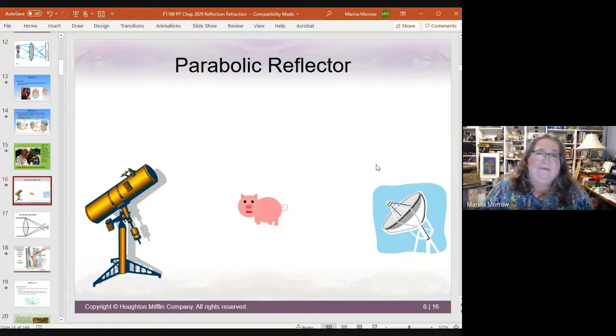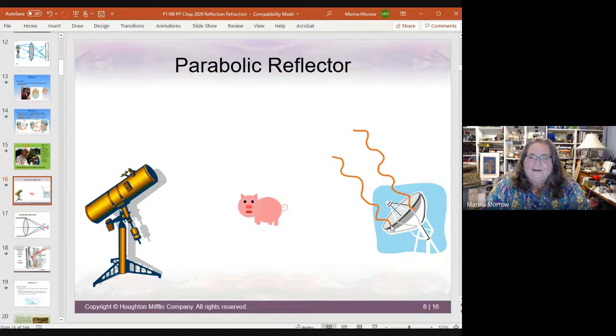Okay, now parabolic reflectors are all around us. They're behind light bulbs, say, in your flashlight, or at least they used to be. They are your satellite dish. And the idea is that beams of light or radio waves coming from your satellite, where you're getting your TV signal, parallel beams in a parabolic reflector will be reflected to focus at a point where you would put your detector, your sensor, called the receiver.